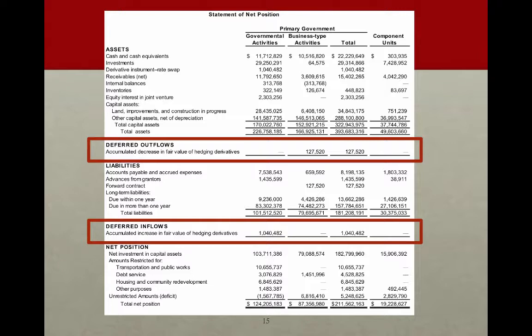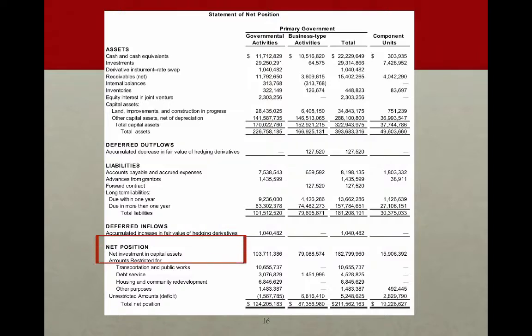Subsequent with Statement 60 coming out on service concession arrangements, Statement 68 on pensions that came out in June of 2012 that requires the reporting of deferrals, and then, as we will see with Statement 65, where a number of things reported as assets and liabilities will now be reported as deferred outflows and inflows respectively, there will be more items in those deferred outflow section and deferred inflow section than there are in this illustration.